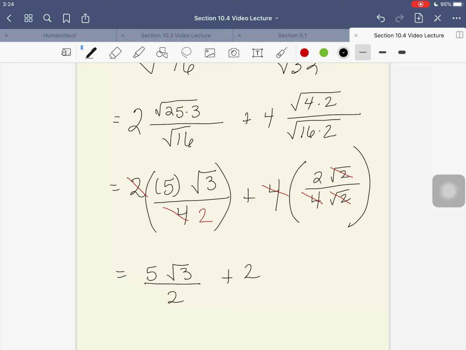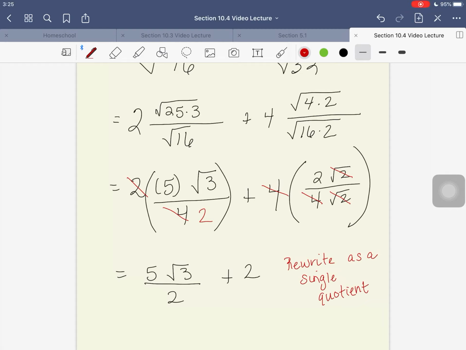All right, the very last step is you want to write this as a single quotient, meaning you want this to be one whole fraction. So I'll just say rewrite as a single quotient. All right, so find the LCD.